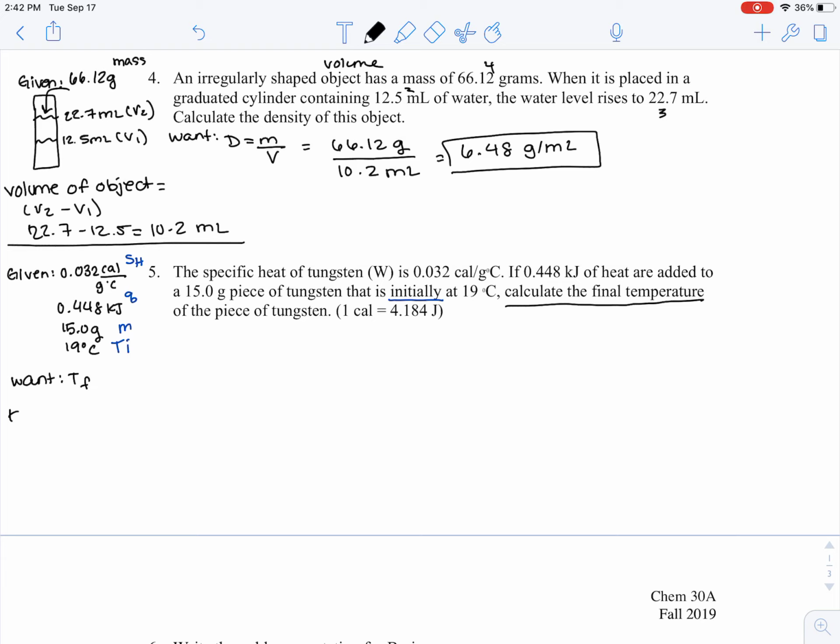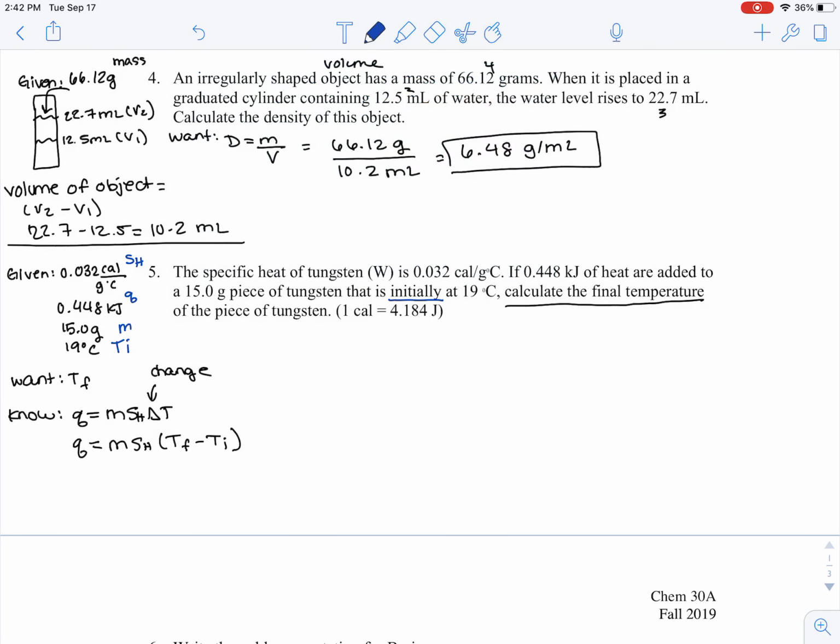So I know my heat equation. I know that Q is equal to mass times specific heat and change in temperature. That triangle means change. So I can expand that and say Q is equal to mass times specific heat times the final temperature and initial temperature difference.